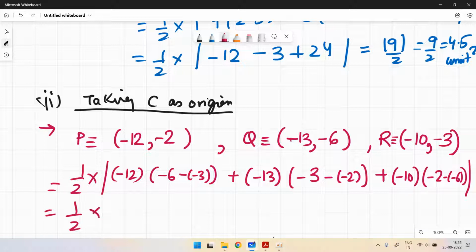So half into, this is minus 6 plus 3 is minus 3, minus 3 into minus 12, that is 36, plus 36.